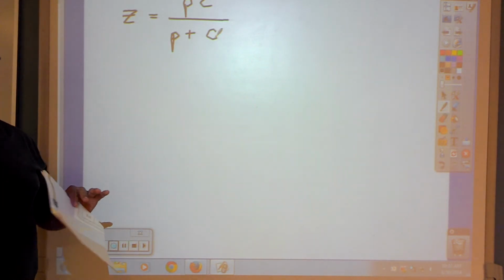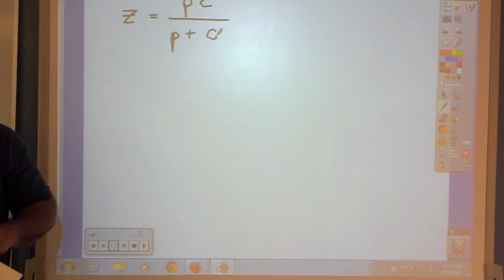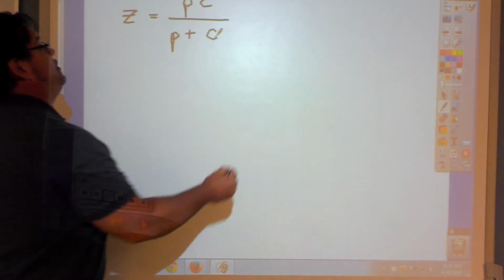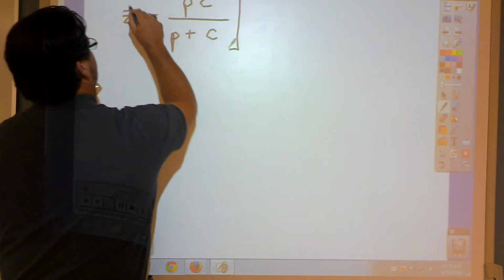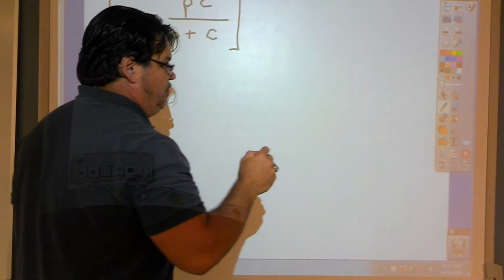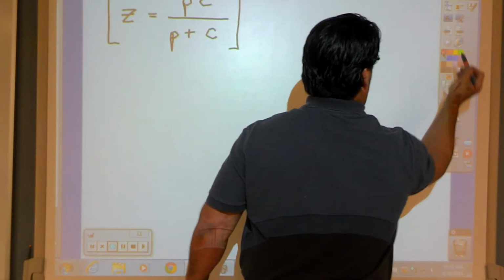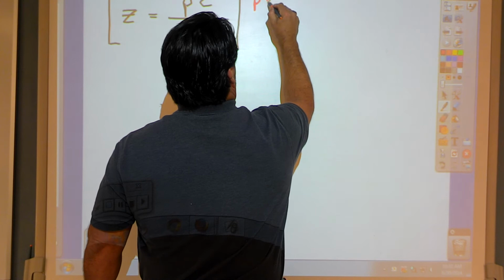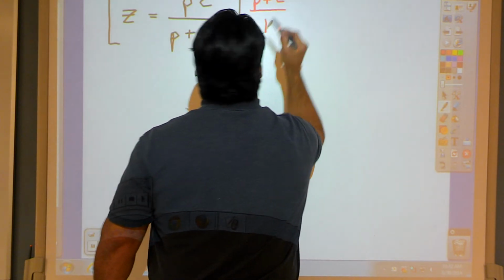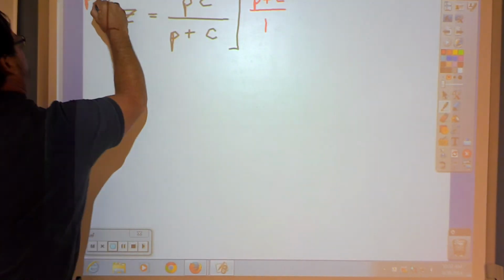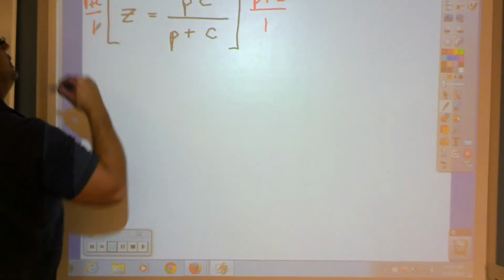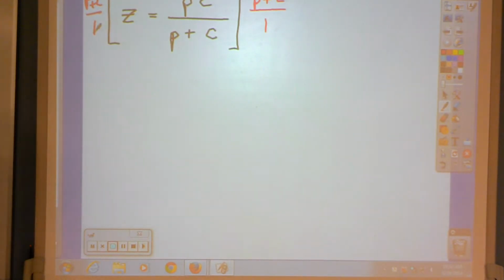So I'm not even going to say what we're solving for because that's not important right now. First thing we're going to do is multiply by what? P plus C over 1. So I'm going to take my red marker. And when I clear the fraction, then we'll worry about what to solve for.